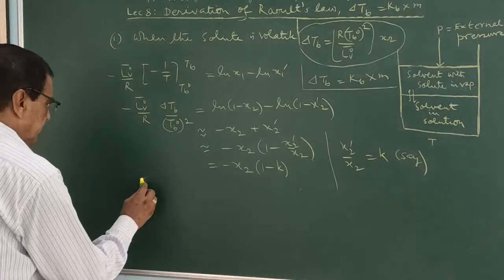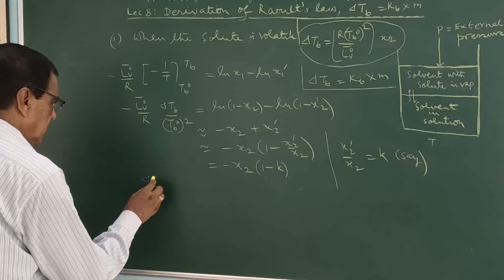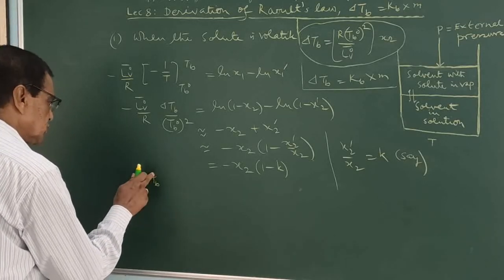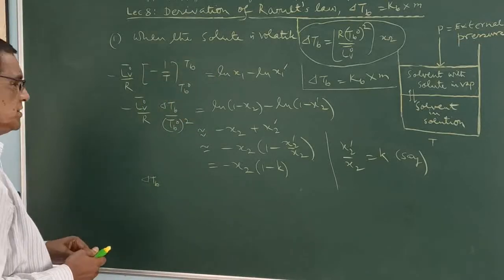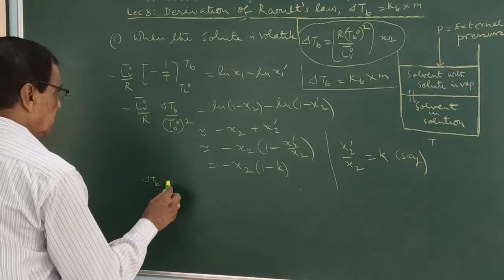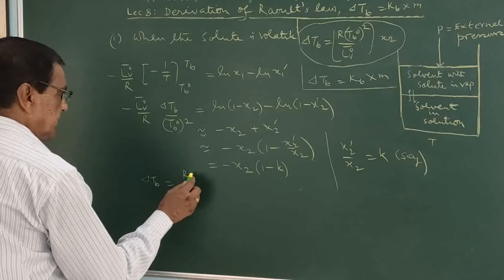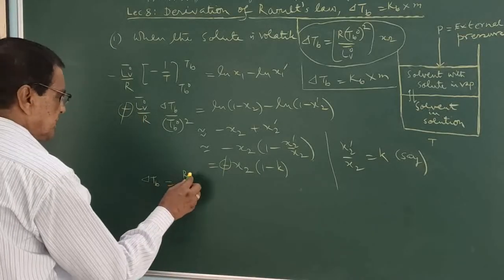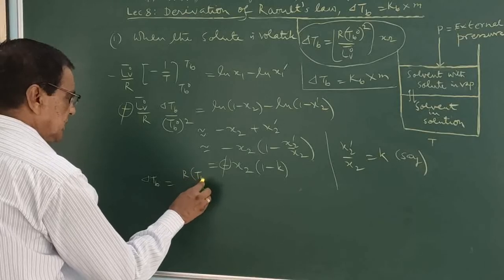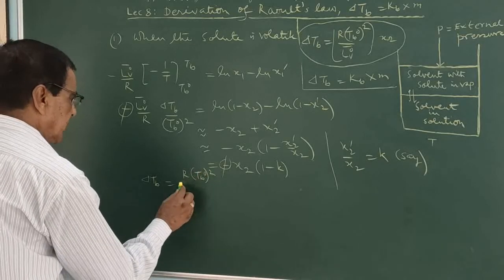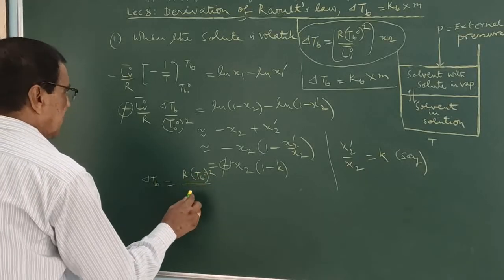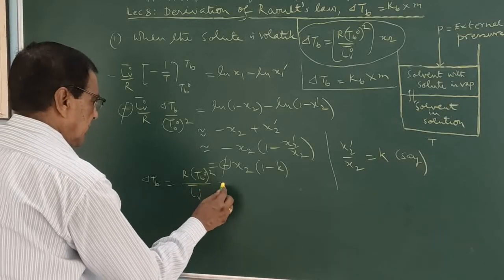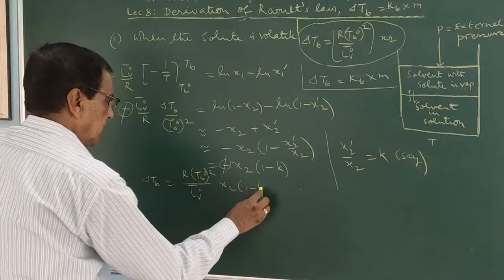So delta TV, the elevation of boiling point of this solution when this solute is volatile, will be equal to R, minus cancels from both sides, TV naught square divided by LV naught bar, and x2 into (1 minus k).